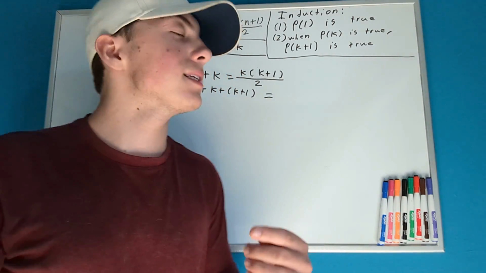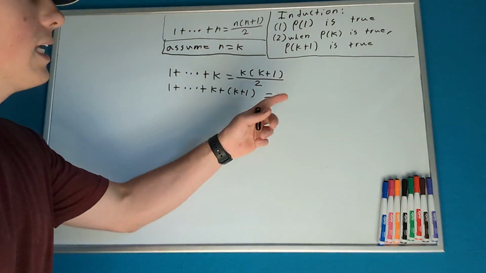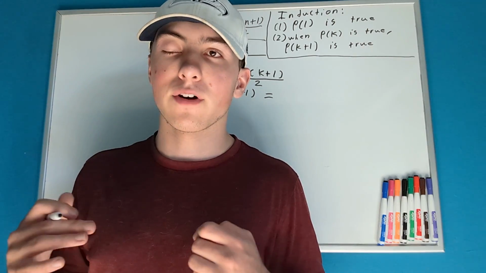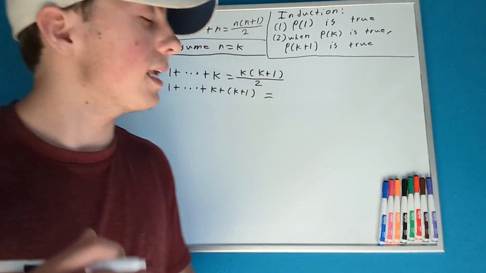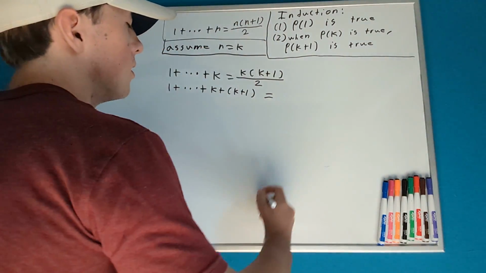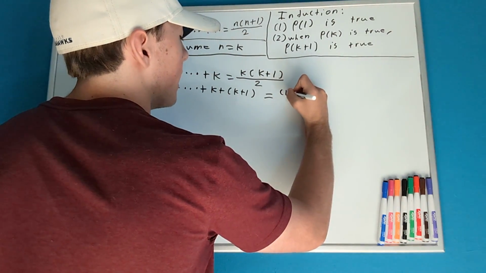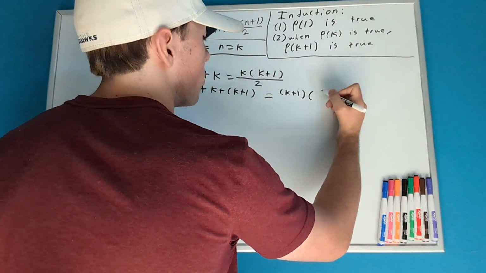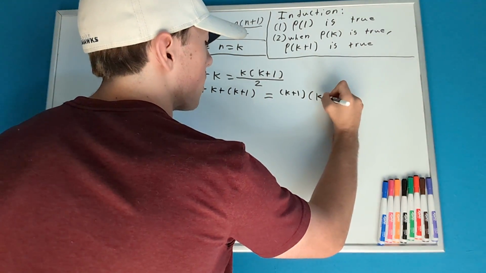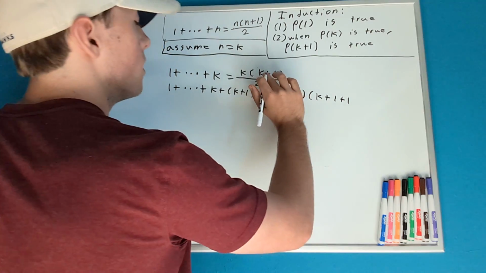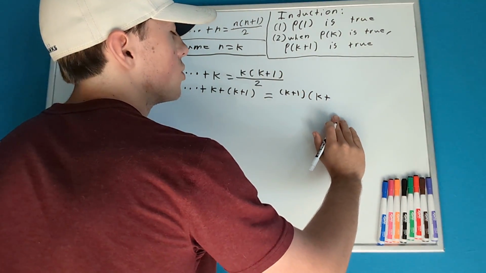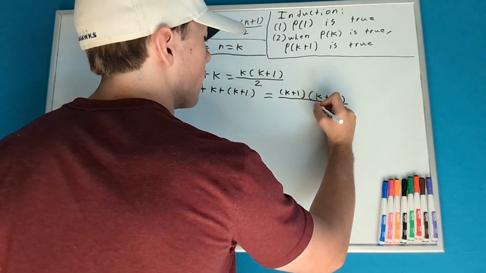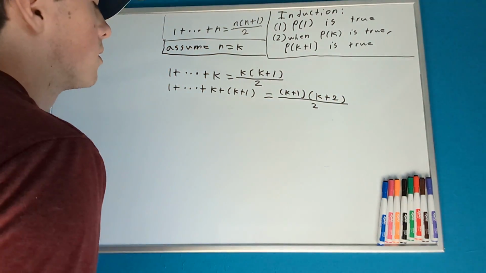If we do that, and this is in fact equal to that when we substitute in k plus 1 for k, then it will in fact be true. So we get k plus 1, and then k plus 1 plus 1, because we have this plus 1, so we can change that to k plus 2. And this whole thing is over 2.